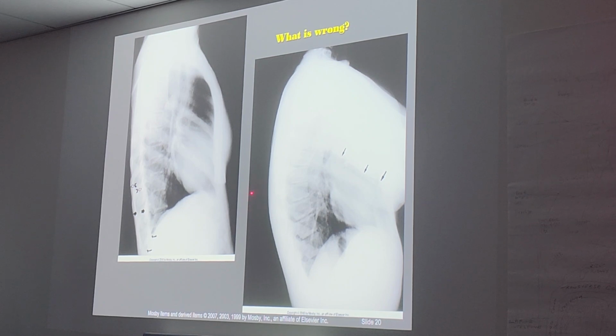What can we say about the centering? Is it too low or too high? If it's too high, you'll see the C-spine. So it's too high. Or is it?